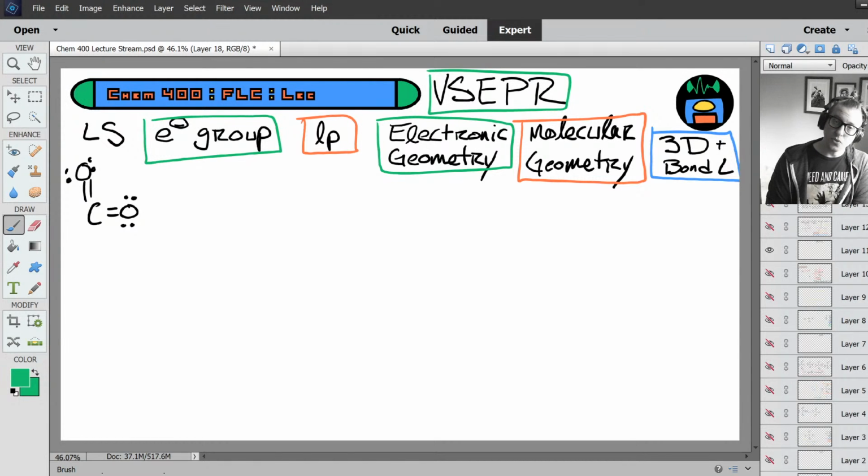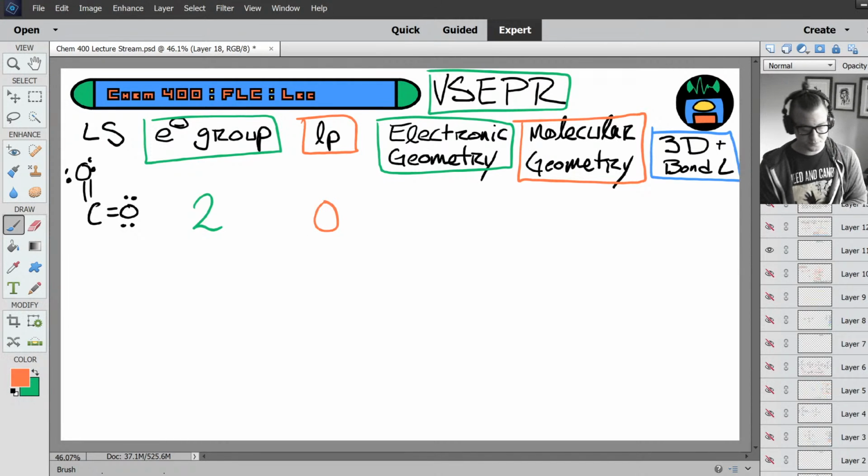Now for CO2, there are 2 atoms on our central atom. And here's the thing, I'm not asking about total lone pairs, I'm asking about lone pairs on carbon for this molecule. And there are no lone pairs on carbon. So we have 2 electron groups and 0 lone pairs. Now when you know the number of electron groups, you can determine your electronic geometry immediately.